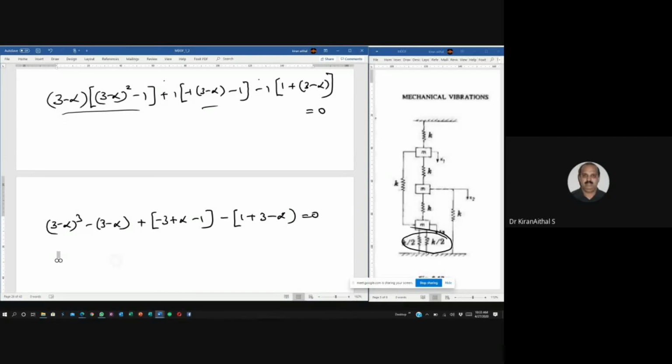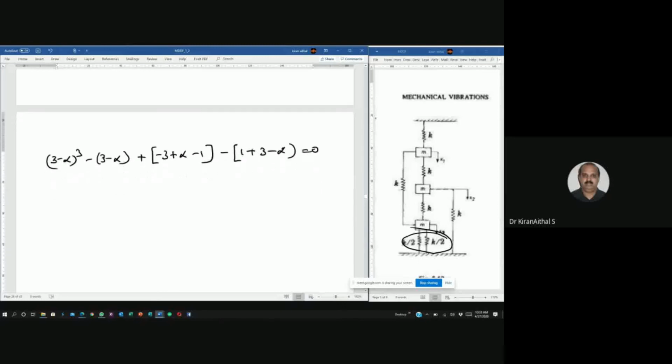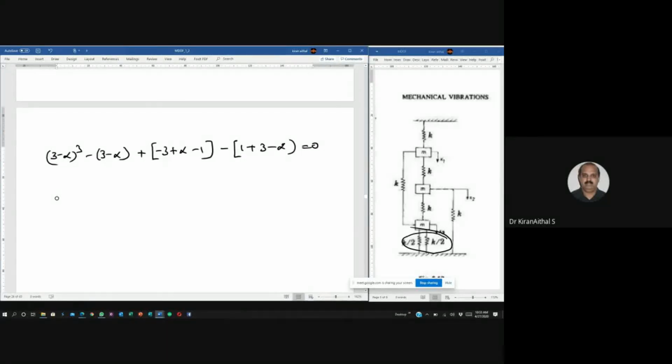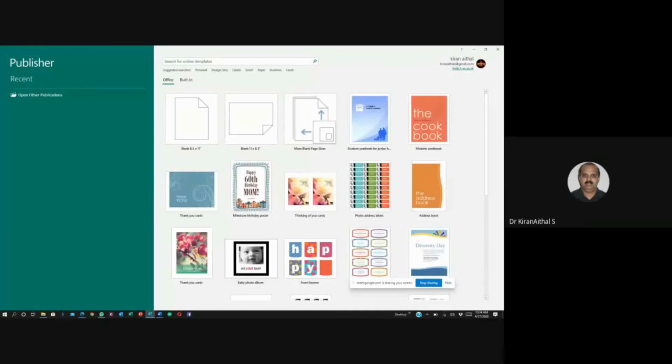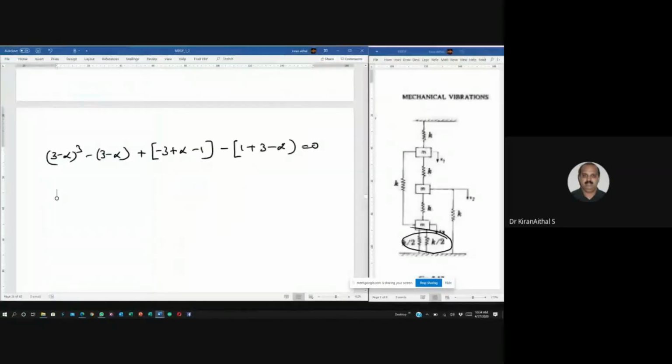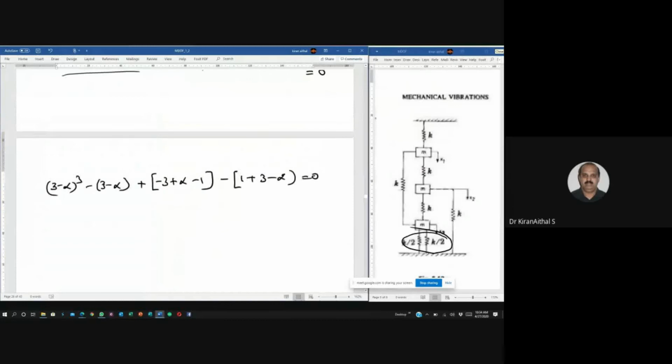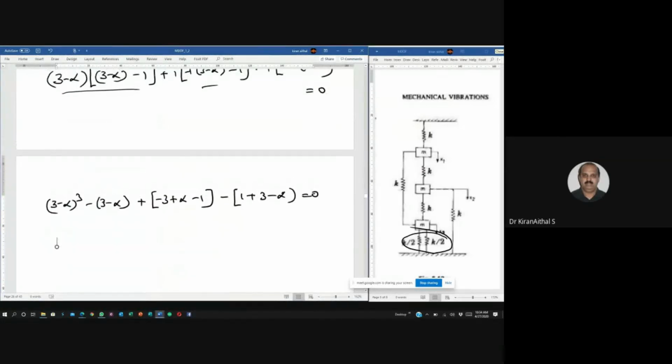Okay. So now, again, if I move to expand this, 3 minus alpha whole cube. Correct or not, Baba? a minus b whole cube. So what happens if I say a minus b whole cube, a cube minus b cube minus 3ab into a minus b. Correct? So in that particular way, I am going to have 3 minus alpha whole cube.